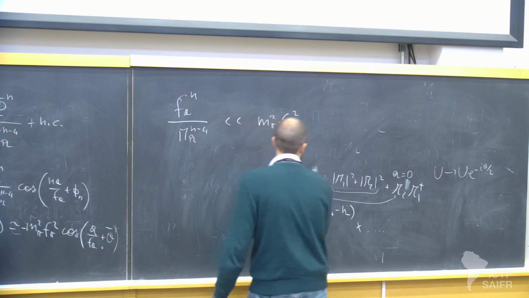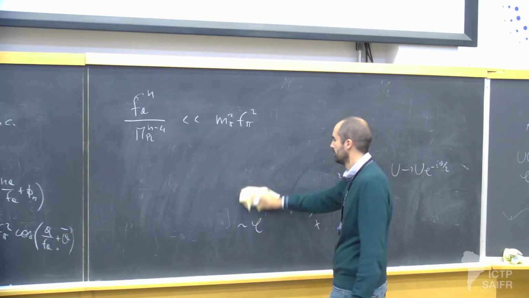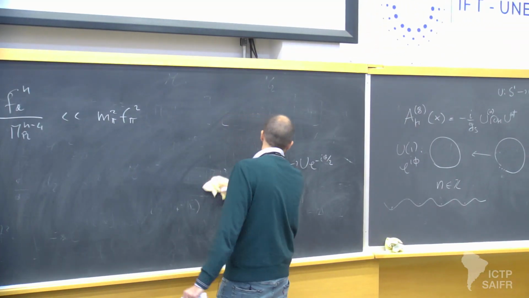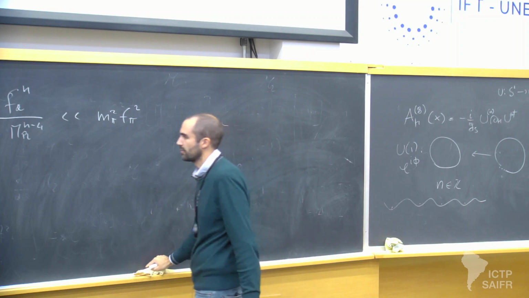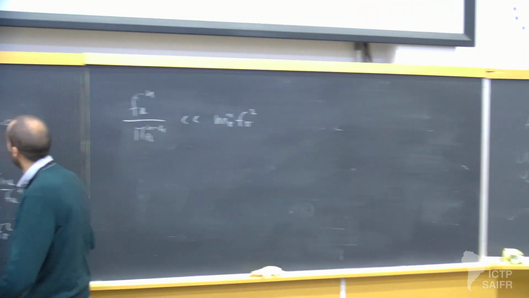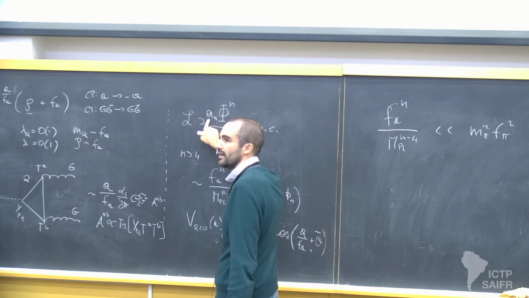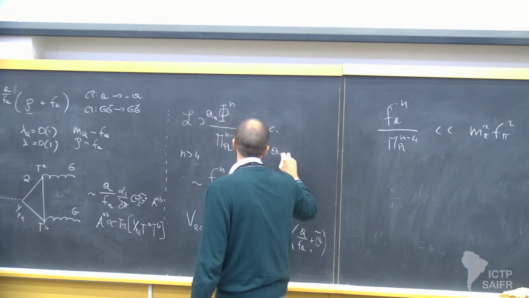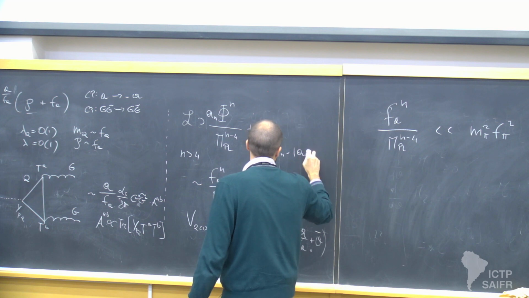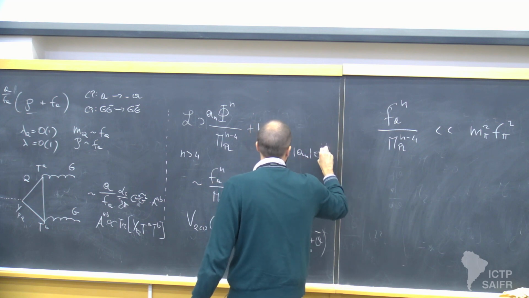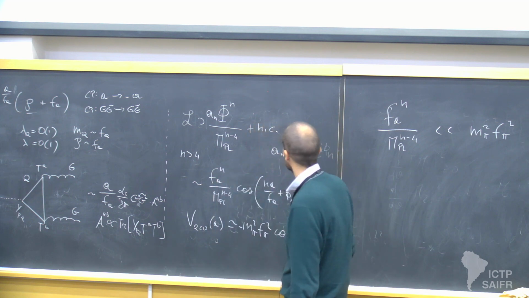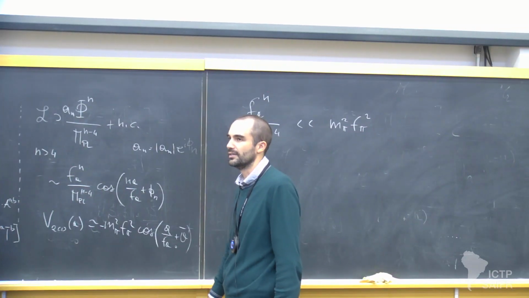And yes? What's in the argument of the first cosine? Yes, so I'm imagining that these operators are generated with some coefficients that are complex. So it's the phase of the coefficient in front, essentially.